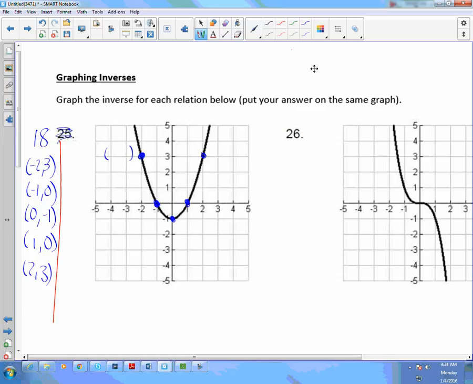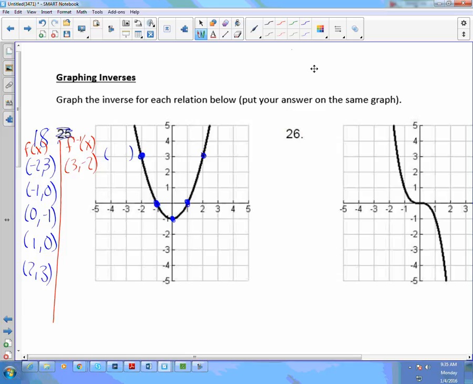Okay, the inverse. X and Y all switch places. Okay, so starting with the inverse point of -2, 3. And our original point of -1, 0.